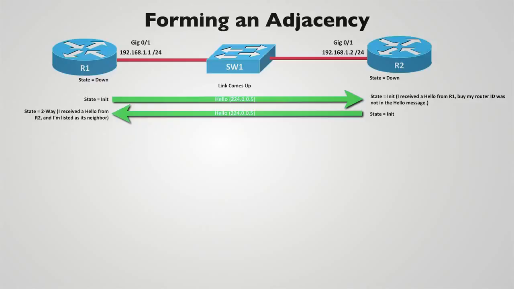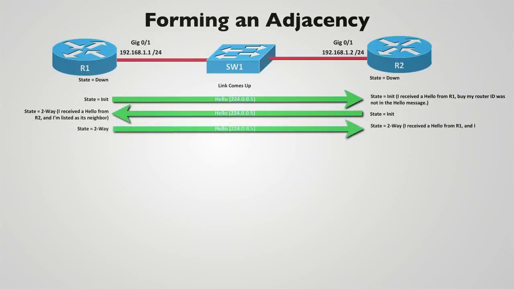We enter the two-way state when we receive a hello message, and our router ID is included in that hello message that we received from our neighbor. And now that we have learned the router ID of R2, when we send a hello message back to R2, now R2 sees itself in the hello message, and R2 can now go into the two-way state itself.